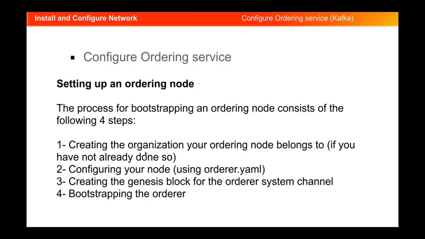First is creating the organization to which your orderer node belongs. Then you have to configure your node using, obviously, the orderer.yaml file. Then you have to create the Genesis block for the orderer system channel. Next, you have to bootstrap the orderer. We will look into all these processes one by one.